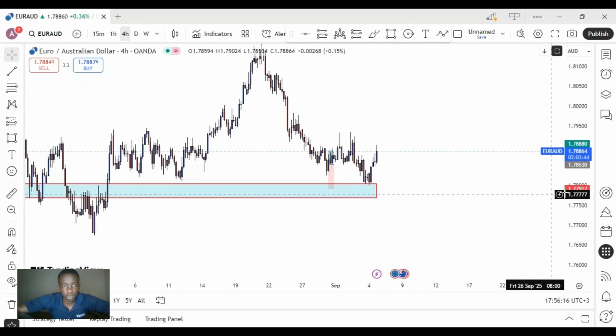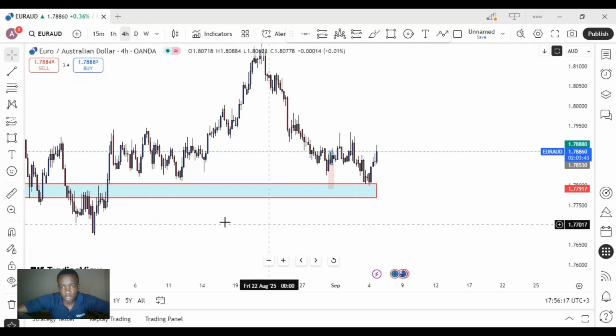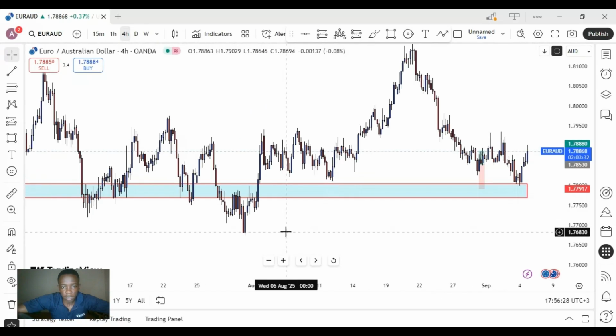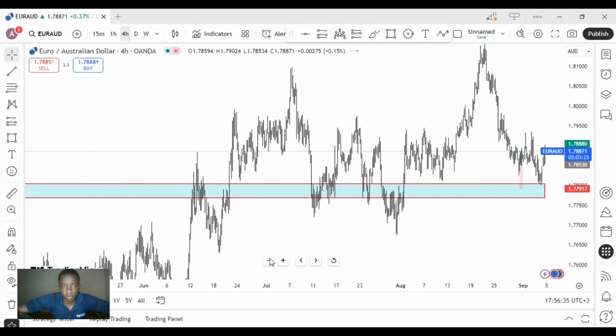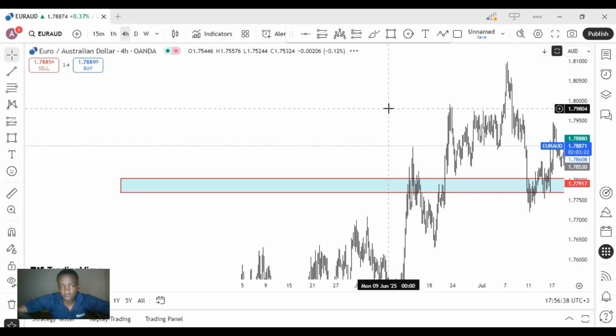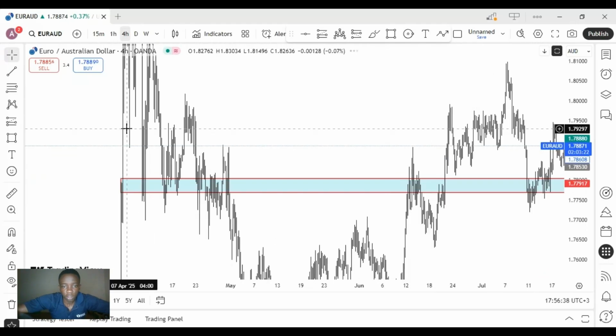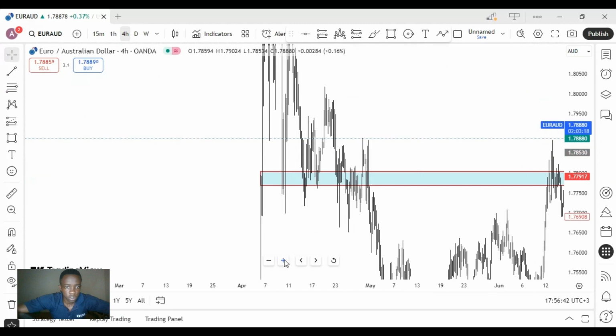If we go to the 4-hour time frame, where we mark out our key levels, we see that price is right now at a major key zone, a major key support level. For our level to count, we should have 3 touch points on that key level.